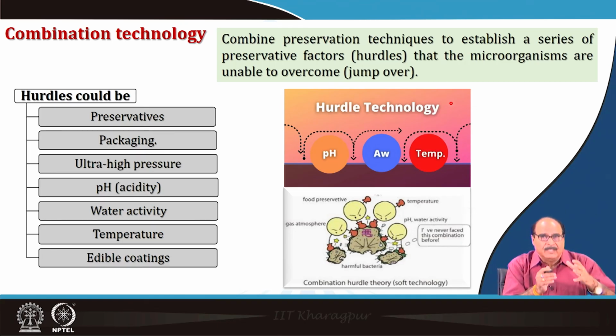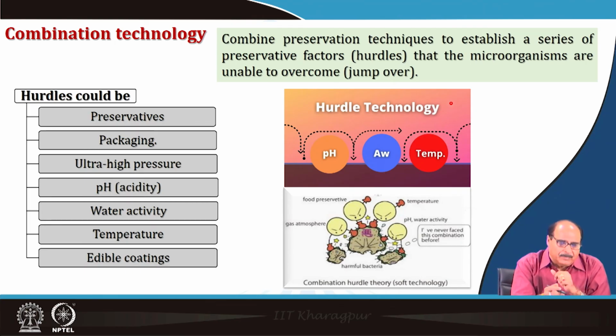The principle is that instead of using a severe parameter of one individual process, you use more than two or three processes together, and therefore the severity of one process can be reduced. You get a better quality of the end product, and the preservation is also achieved.